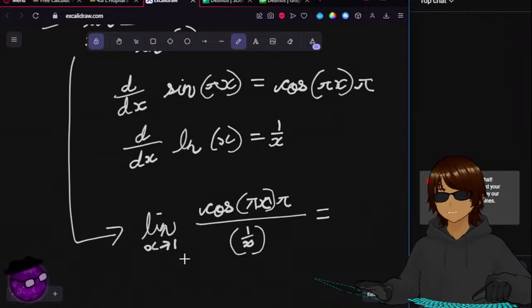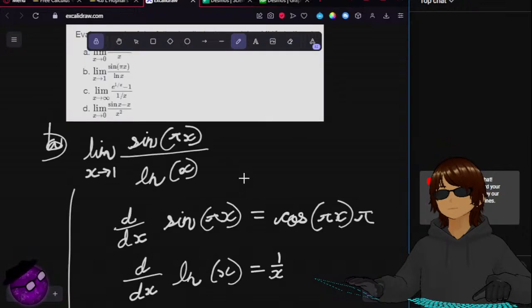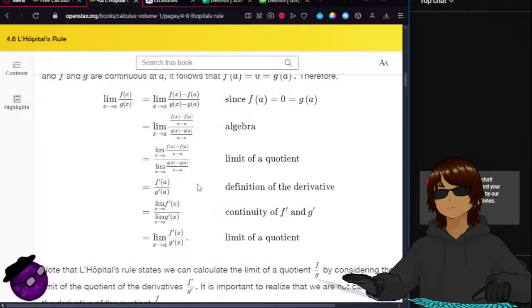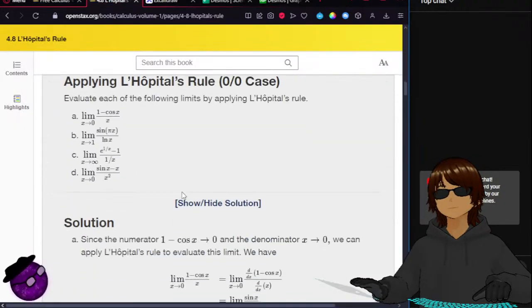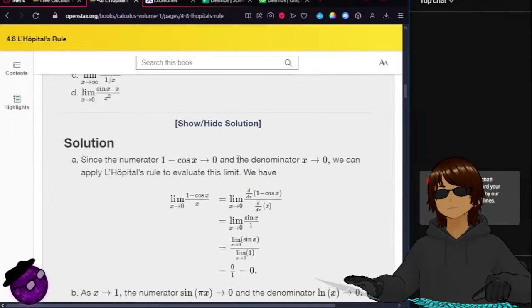So cos pi is negative 1, so this would be negative pi, right? Yeah, negative pi.